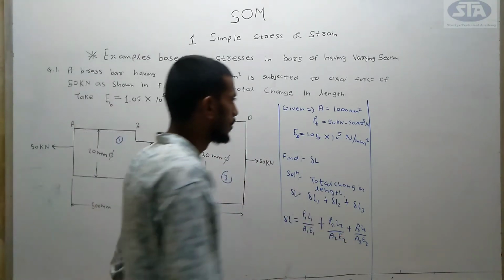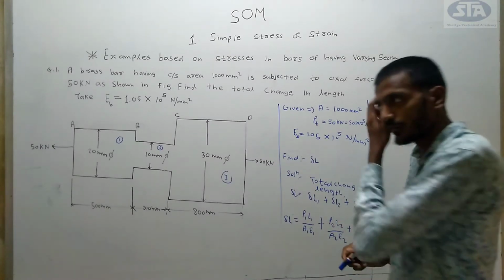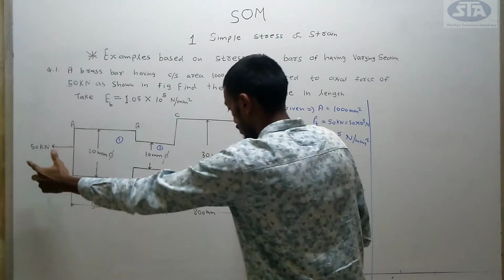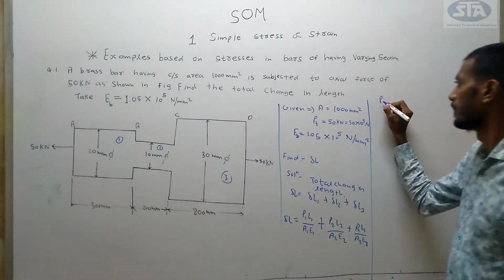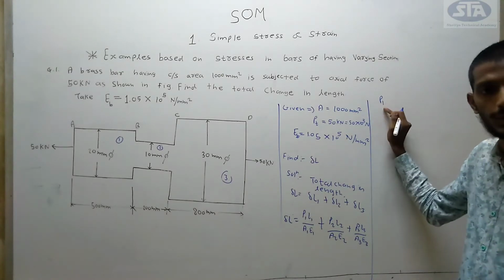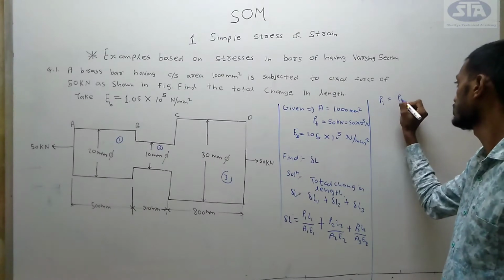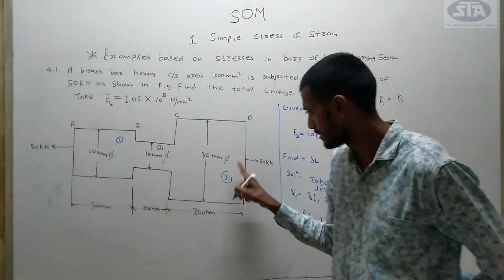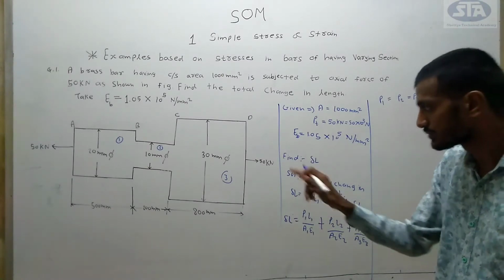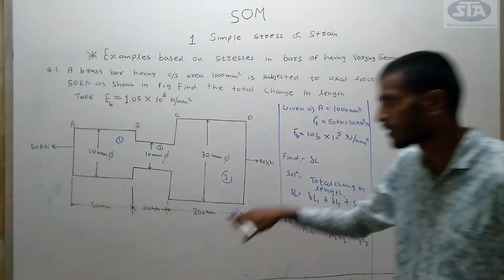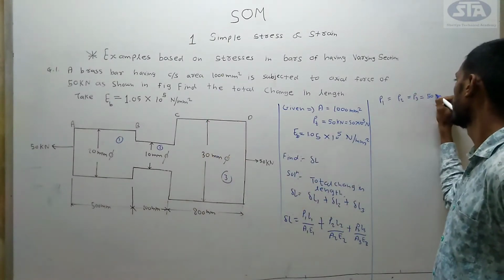But now we have to identify which terms are similar. We are applying 50 kN force on both sides. It means the force P1 on section 1 must be equal to force on section 2, equal to force on section 3, which is the same because 50 kN is applied on the whole body.